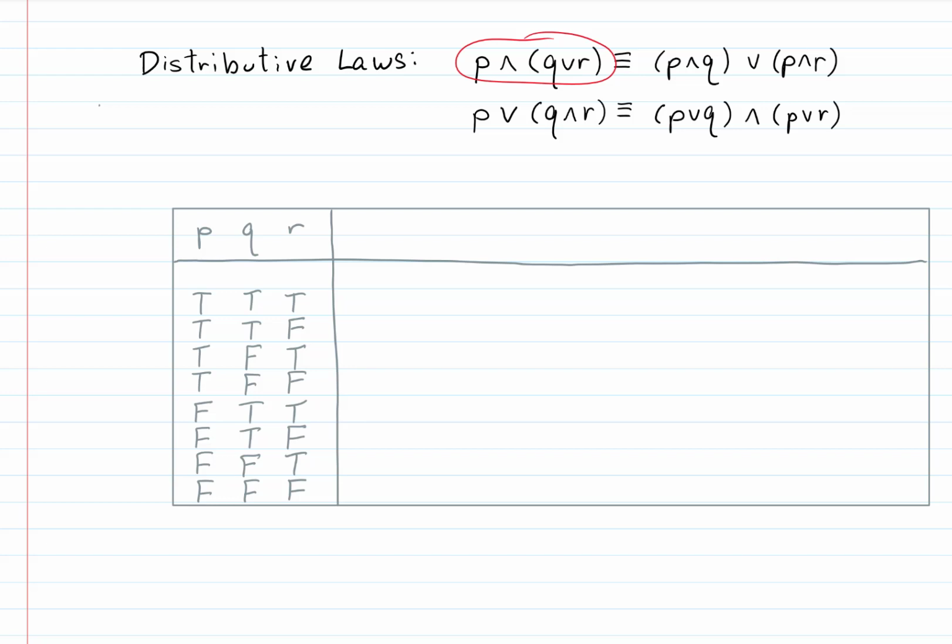I already have a column for P. Let's do a column for Q or R. And then we'll do a column for P and (Q or R).